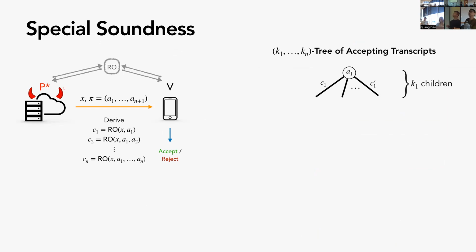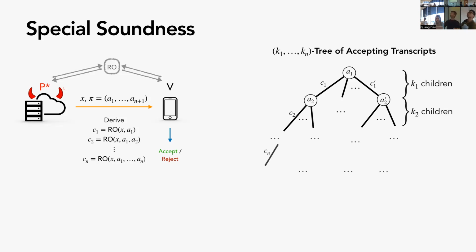First, it proceeds from the first prover's message, and then it branches out with K1 different challenges. Then it keeps branching out. The second layer has K2 children, and so on. So the final layer has Kn.